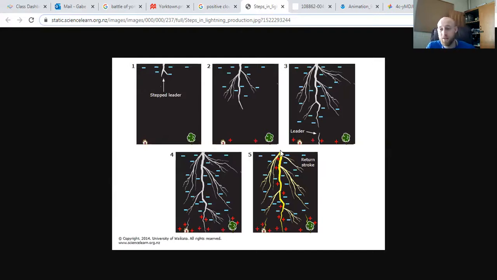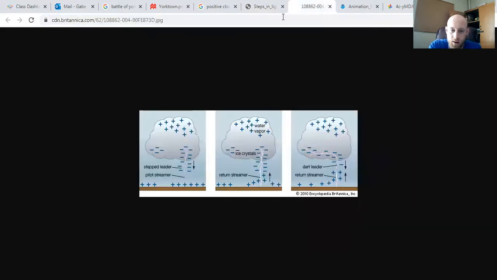54,000 degrees Fahrenheit, for example, is about 5 times the temperature of the sun, which is pretty crazy to me. Let's look at another example. Okay, so here you see within the cloud, like I said about friction giving charge to the cloud, the negative molecules coming down and the positive going up.